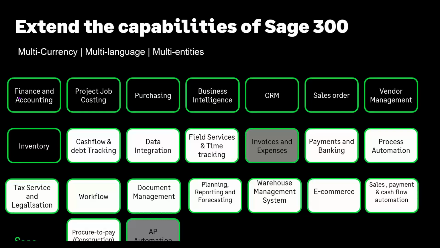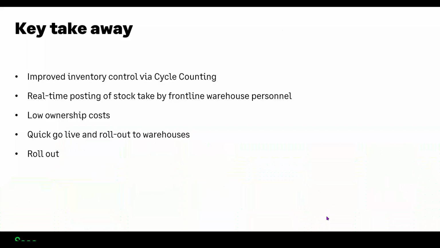Now, we also wanted to share with some of our customers, the users, you may also want to consider the key takeaway for today. Terence has shown you the benefit of having the inventory module, which you are able to make use of to lower your ownership cost and help your frontline warehouse personnel. So it helps to improve inventory control.